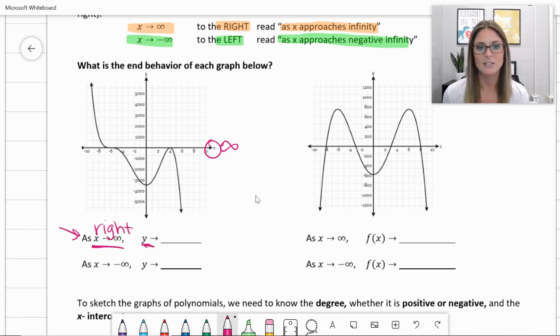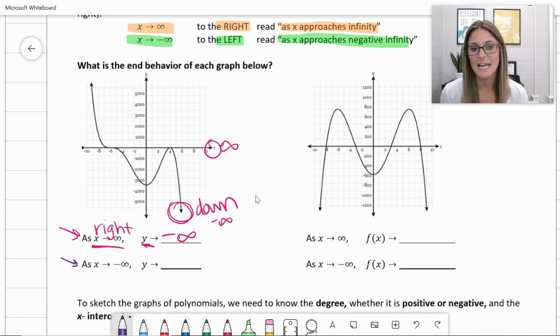All right, so on the right side, I'm going to look at my arrow, if it was to keep traveling right, which direction, up or down, is it going to go? It's going to continue to go down. Or, let me finish the statement, y approaches negative infinity. I'm going to label it here as well. It's going down to negative infinity.